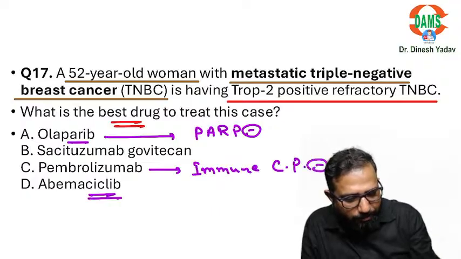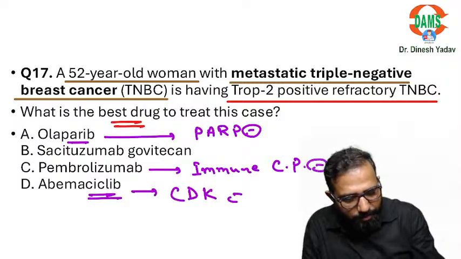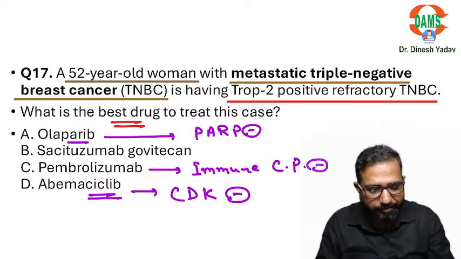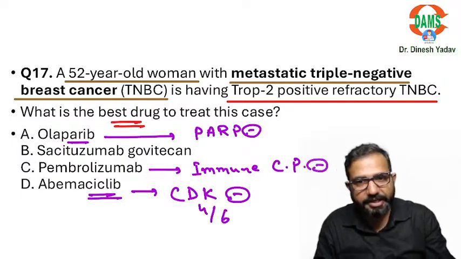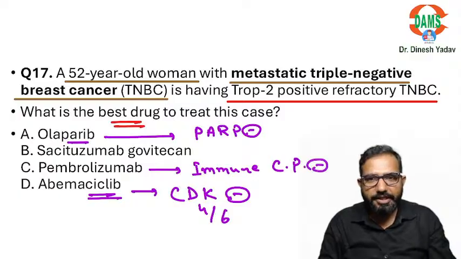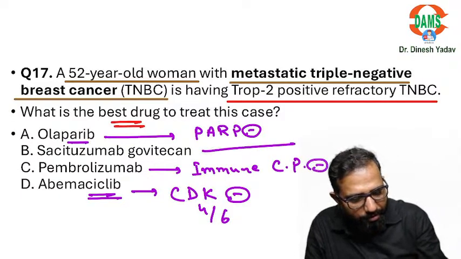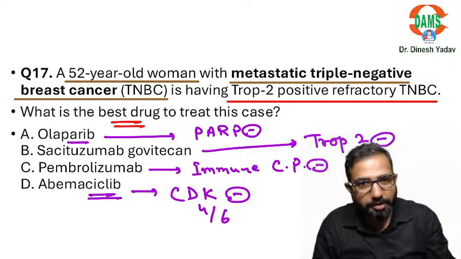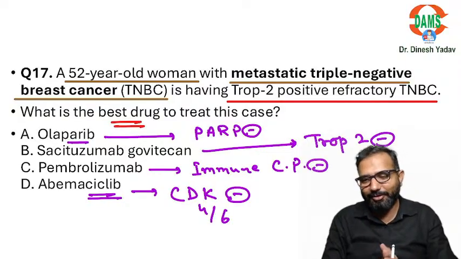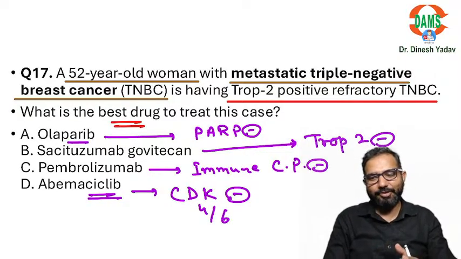Ciclib, that is the CDK inhibitor, cyclin dependent kinase CDK4/6. That is a cyclin dependent kinase inhibitor. Sacituzumab govitecan, a new important drug, and that is a TROP2 inhibitor. Now I hope you got the answer, because by this you get everything.